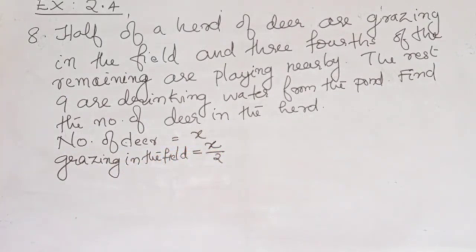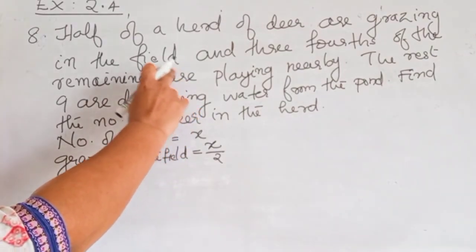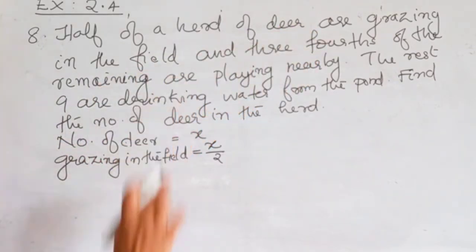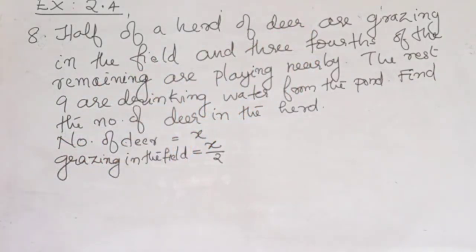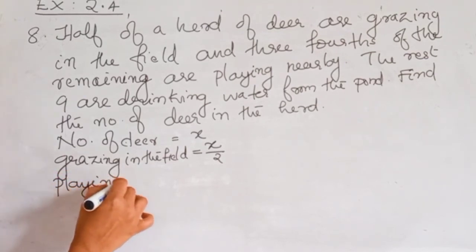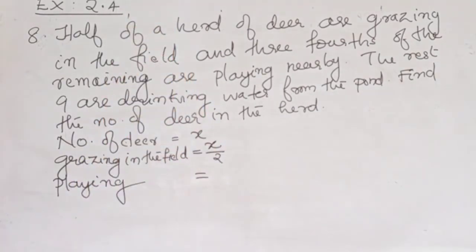Now, children, we can look into the remaining, and 3/4 of the remaining are playing nearby. Now we need to find out how many are playing. So suppose there are 60 deer.